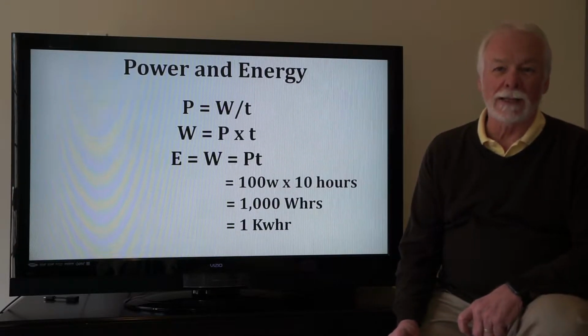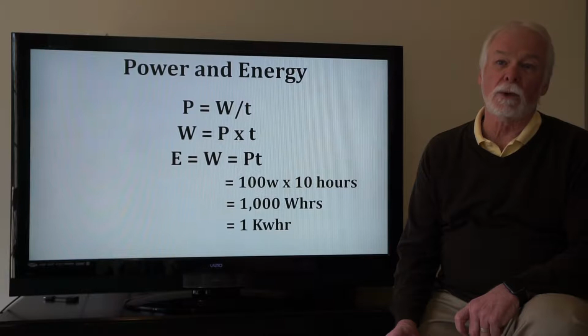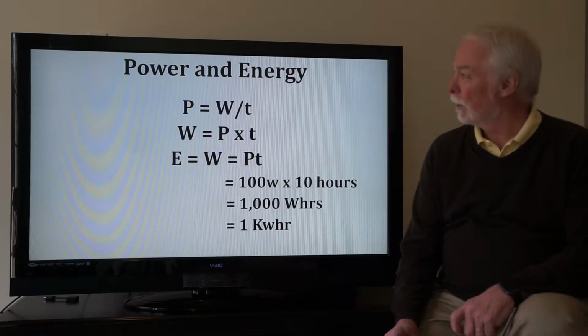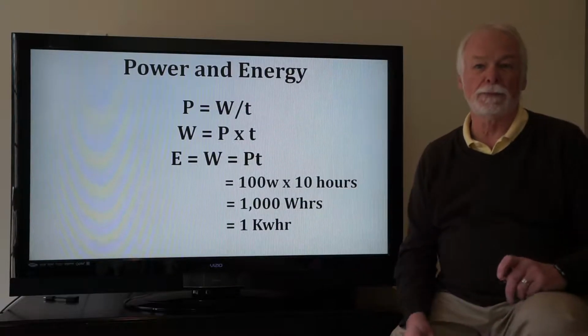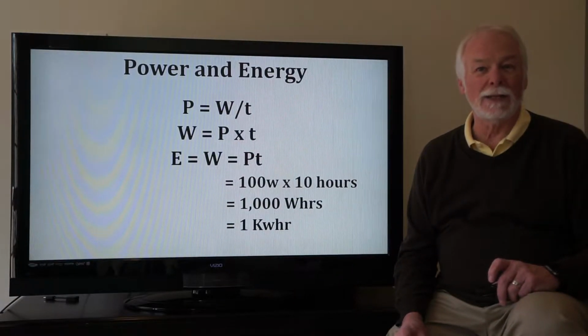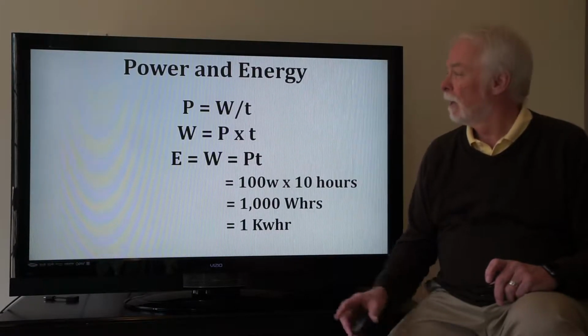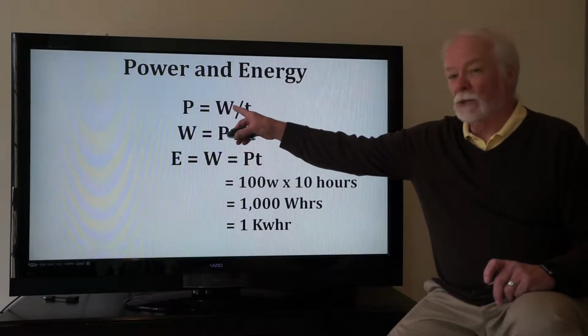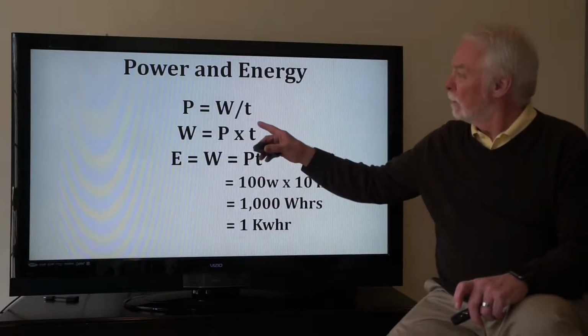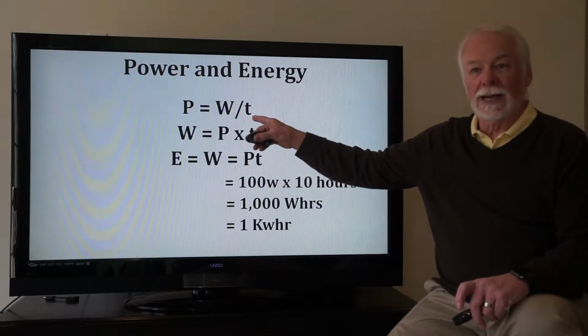Power is defined as the rate of doing work and is related to work by time. As you can see in the equation shown here, power represents a certain amount of work in a certain period of time.